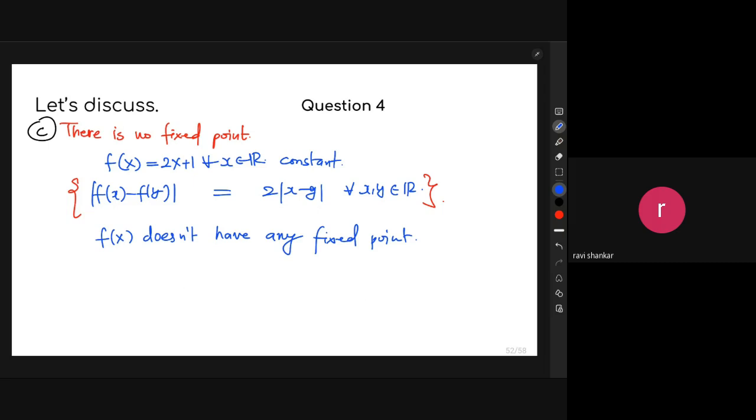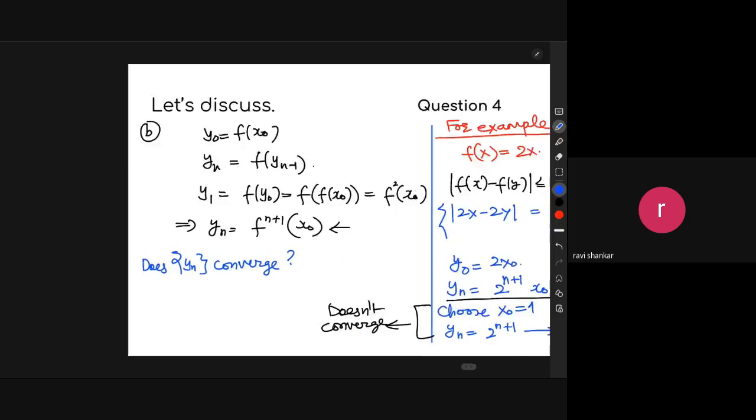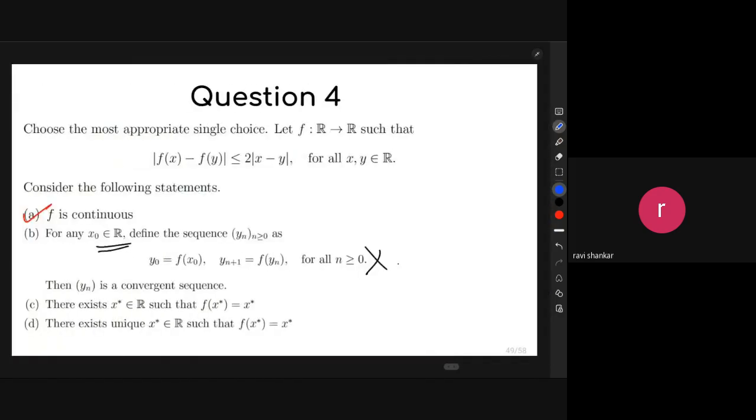I will discuss this part and the next part next time. As of now, I don't have any example which directly contradicts these two facts. If you have any example, you can tell me. Next time, I will come up with an example and try to disprove this fact.